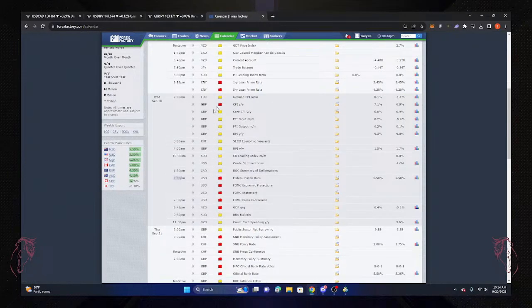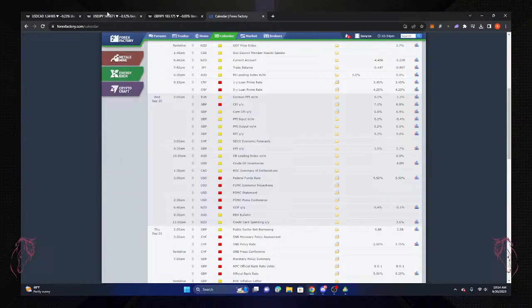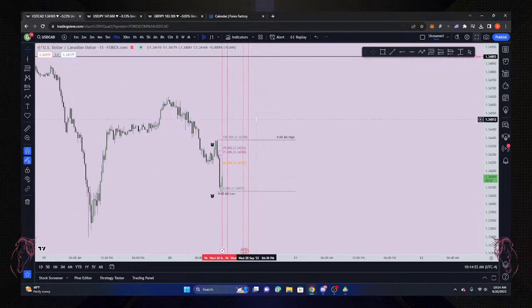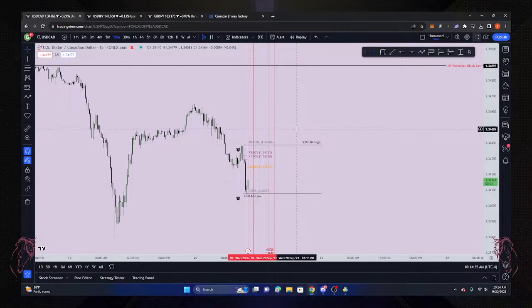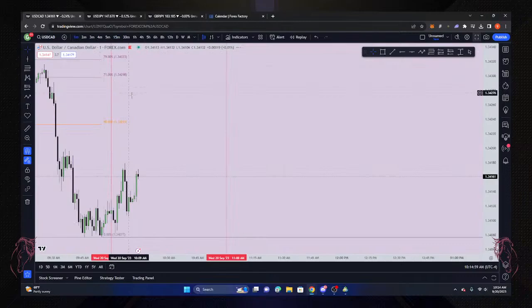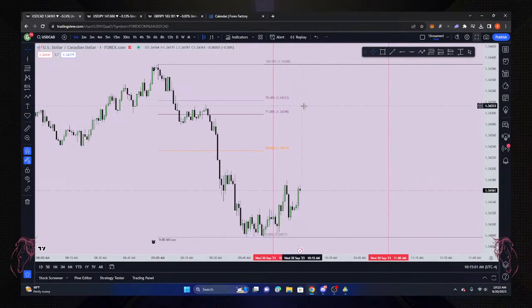So if we don't find an entry during the AM session of New York Eastern Central Time, then I'll be keeping an eye out for setups during PM session kill zone. Until then, we just have to wait and see if the market gives us anything.